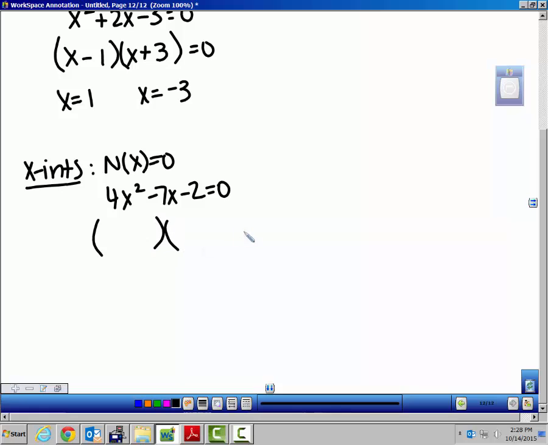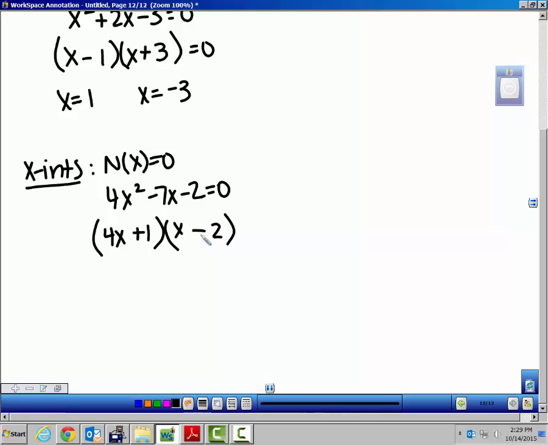So when we go to factor this one, again, we might have to do a little guess and check. We know the only factors of 2 are 2 and 1, so we could have a 4 and 1 or a 2 and 2 here. So if we did 4, that would give me 8 and 1, which would get me to 7. So I actually guessed right the first time. But I do want it to be a negative 7, so I want the 8 to be the negative and the 1 to be the positive.